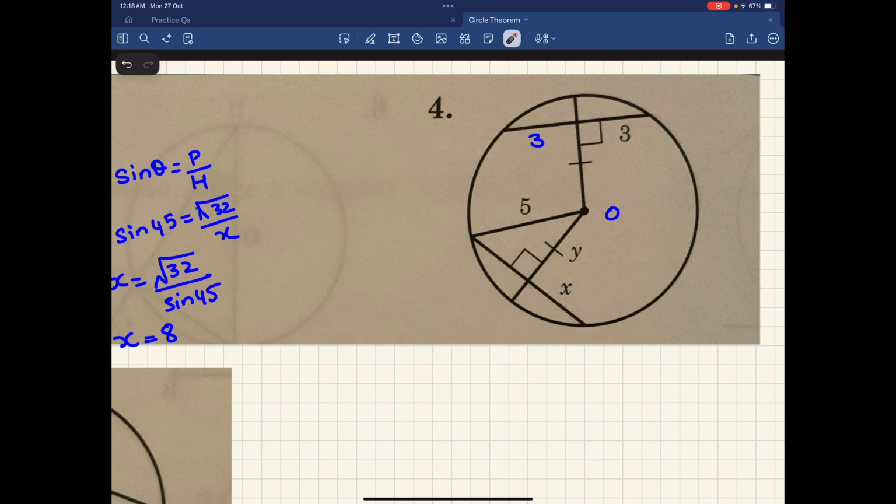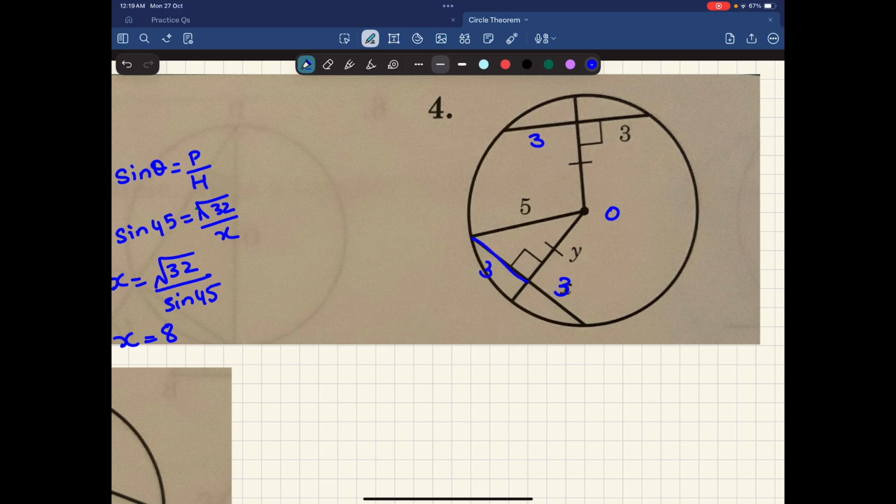And using the second theorem, because they're equidistant from the center, these 2 chords are also equal. So this chord will be equal to this chord, which means X is going to be 3 and this is going to be 3, right? So X is 3 and this length is 3.